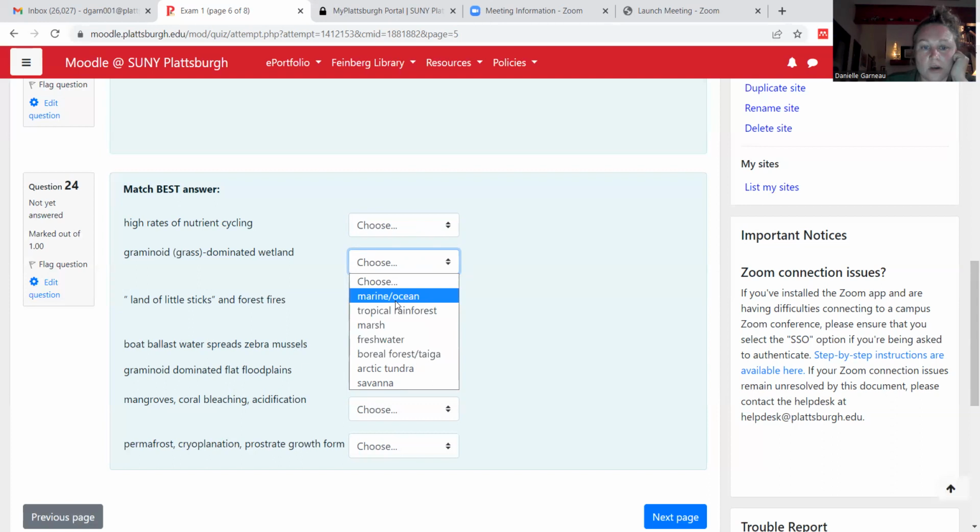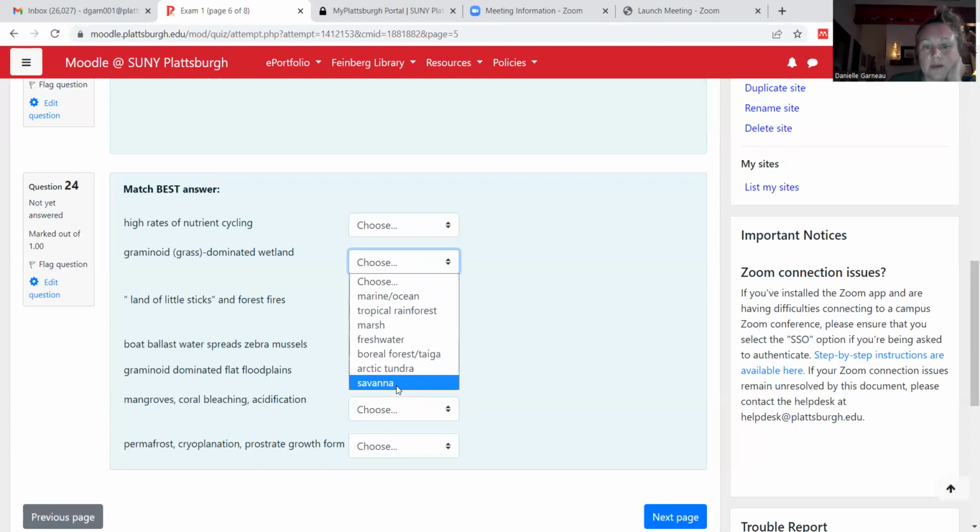So boat ballast water could have been marine ocean, could have been fresh water, right? It's the zebra mussels that cue you in. So we see those in freshwater systems. Graminoid dominated flat floodplain. My way of remembering that it was a flat floodplain was that you could drive your van right out a distance in these areas.